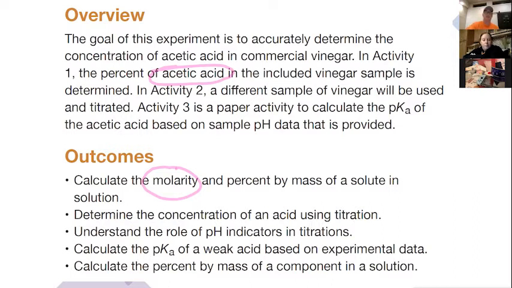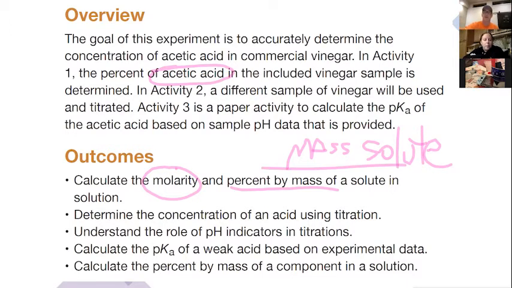And then we're going to use that information to calculate the percent by mass. Now remember, that means the mass of the solute, which is what is dissolved in the solution, the minor component of the solution, over the mass of the solution itself, times 100.